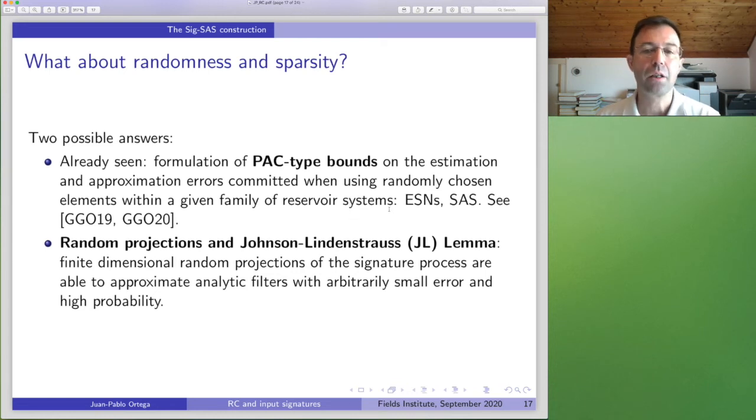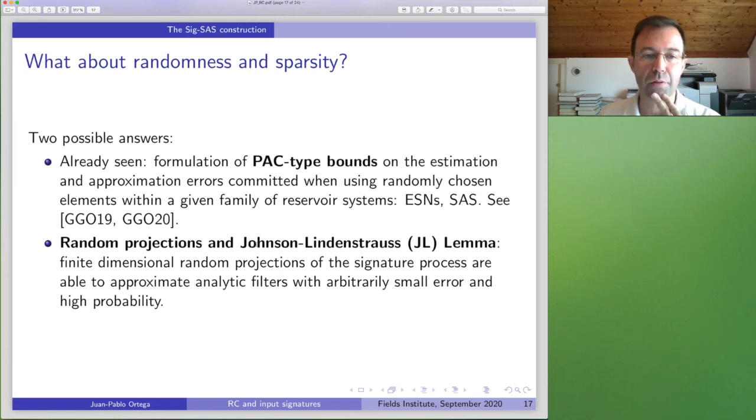We have done that for ASSAS in papers with Lucas and with Ludmila, so just look at our web pages, you will find them there. The approach that we will take in this talk is different. It is this geometric approach that has to do with random projections, right?